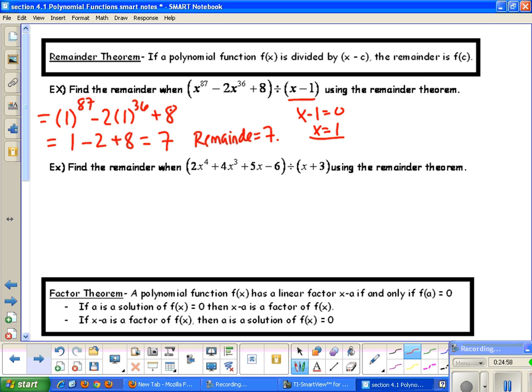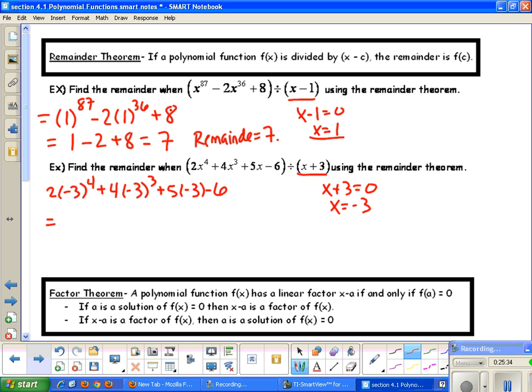Next example, find the remainder when we're dividing by x plus 3 using the remainder theorem. So I'm going to take my divisor, set it equal to 0 to figure out what I'm trying to test. So I'm trying to see what the remainder is going to be when I have an x value of negative 3. So when I plug this into my polynomial equation, all I need to do is plug this into my calculator and see what it's equal to.